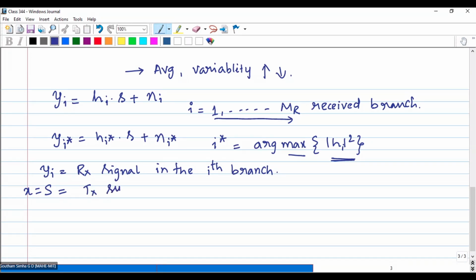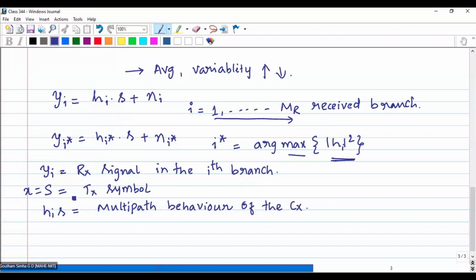And then h_i into x or h_i into s is the multipath behavior of the channel, that's all, for the same symbol, that is this s or x that has been radiated.